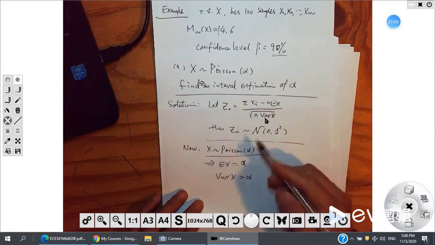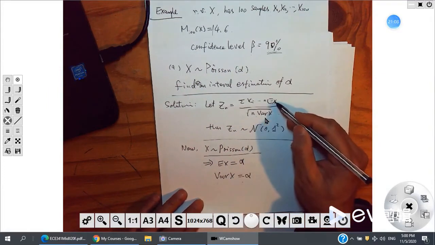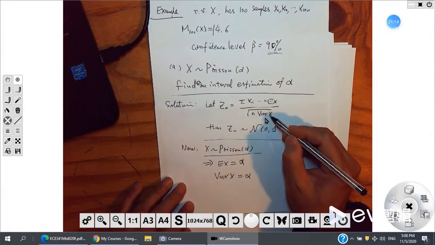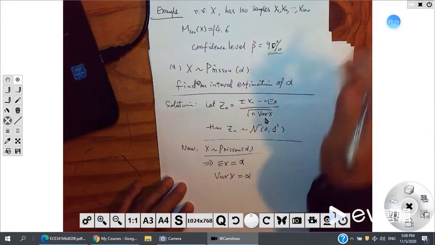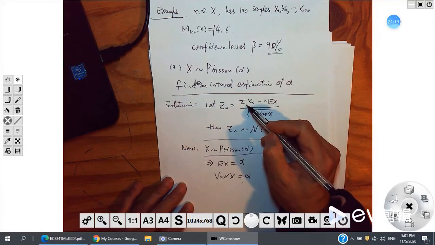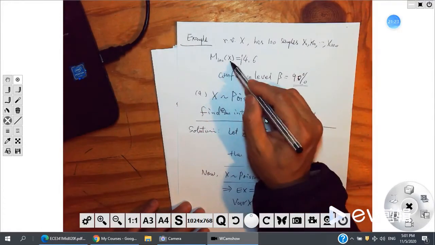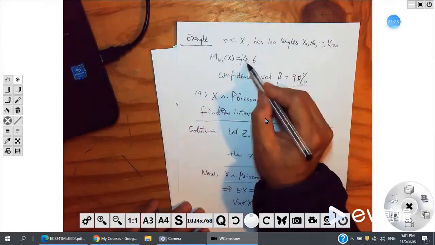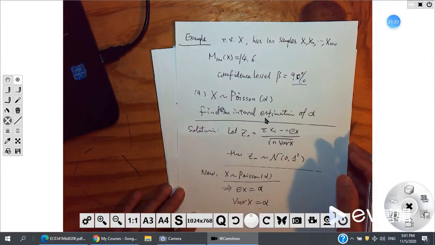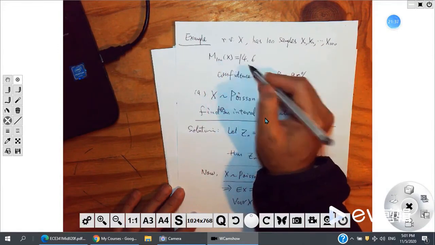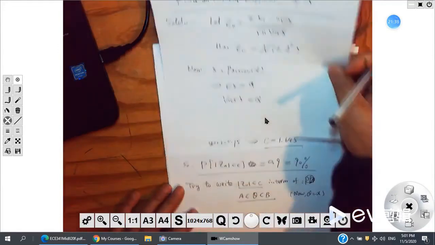So we can plug in E of X is alpha here, and the variance of X is also alpha here. We know the mean of this 100 sample is 14.6. Times 100, that will be the summation, right?